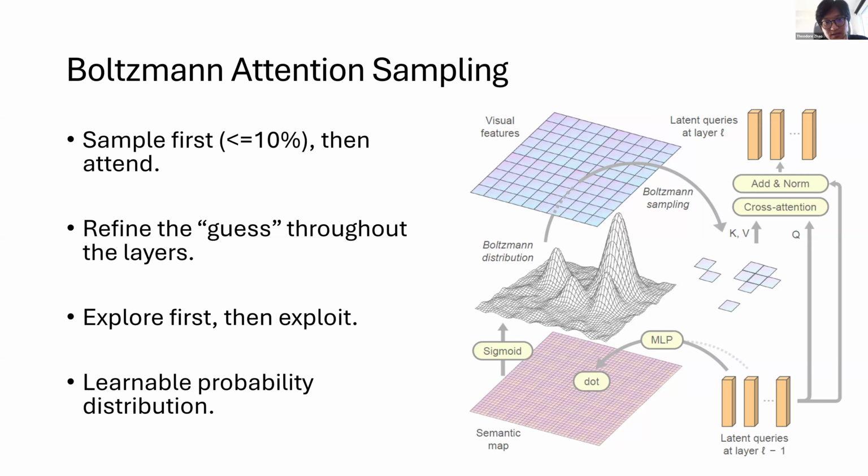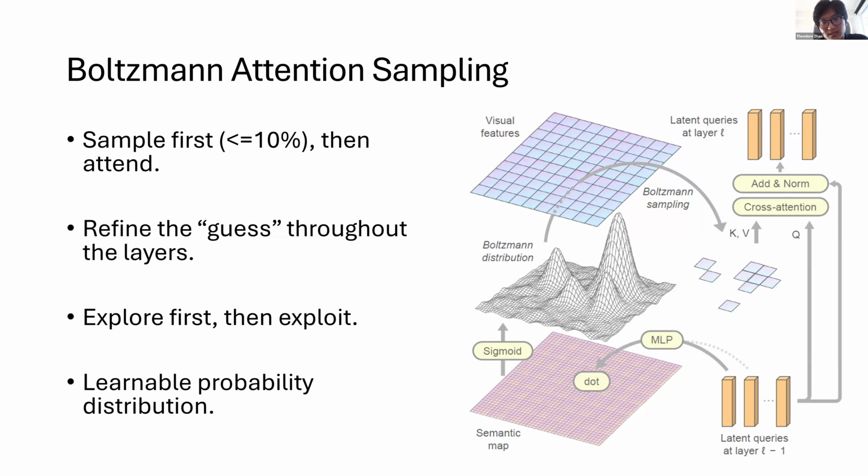Here is an overview of the chart. This is one layer of the transformer mask decoder. The model will first estimate a Boltzmann distribution on the image. This is a spatial probability distribution in 2D, and we randomly sample some patches, say 10% or less, from this distribution.